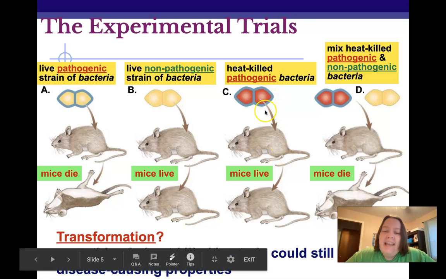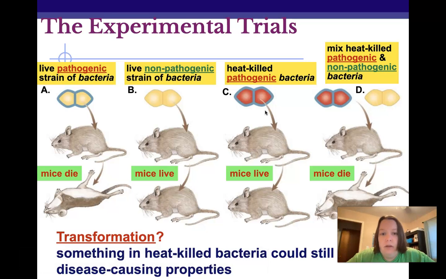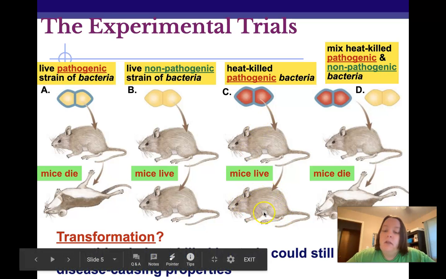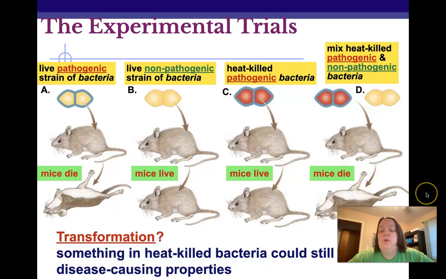Then he killed the pathogenic bacteria, which would normally make a mouse sick. He injected it in the mice, and the mice lived because he killed the bacteria first. But with experiment D, something interesting happened.